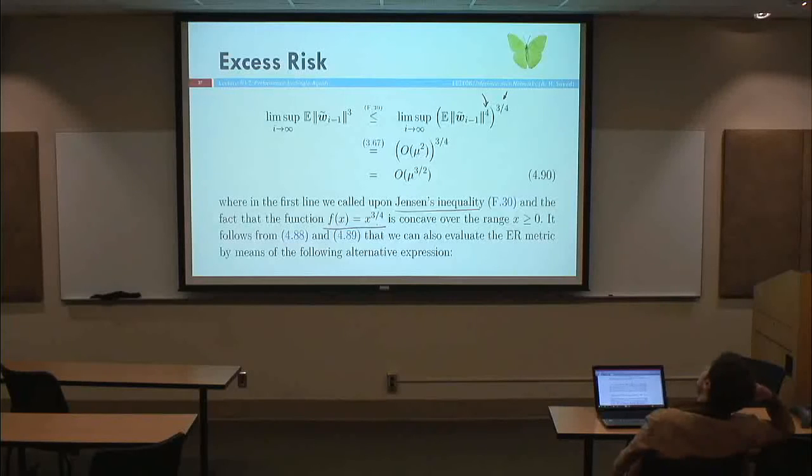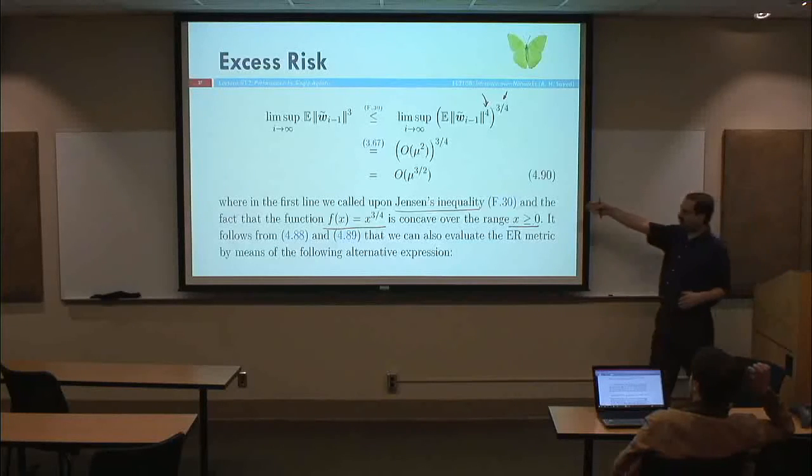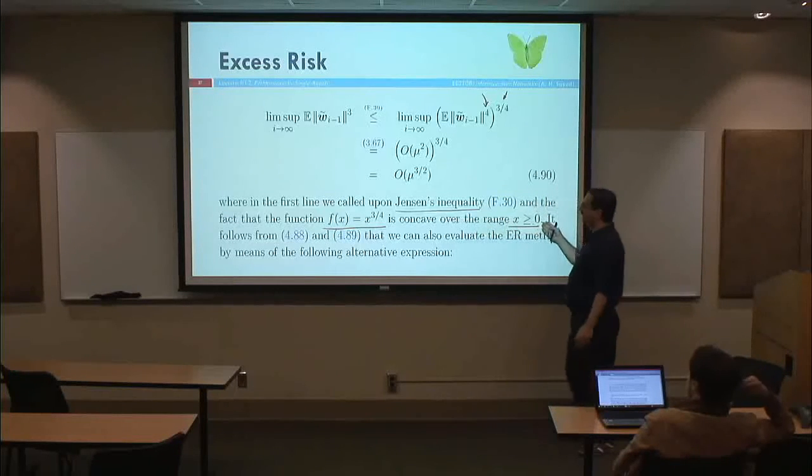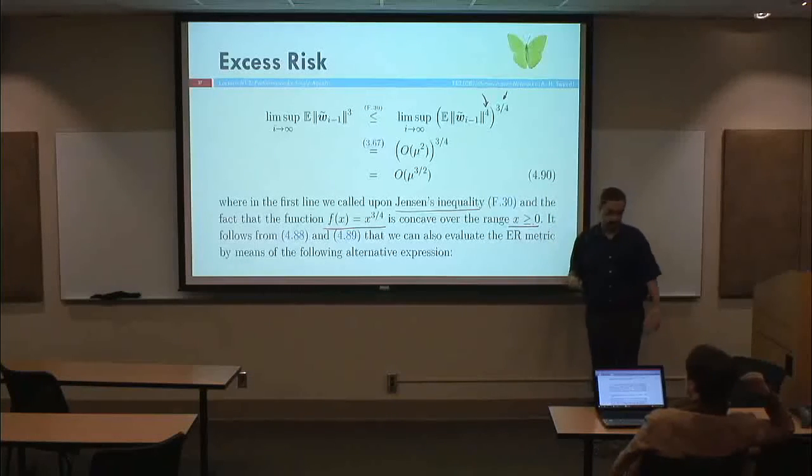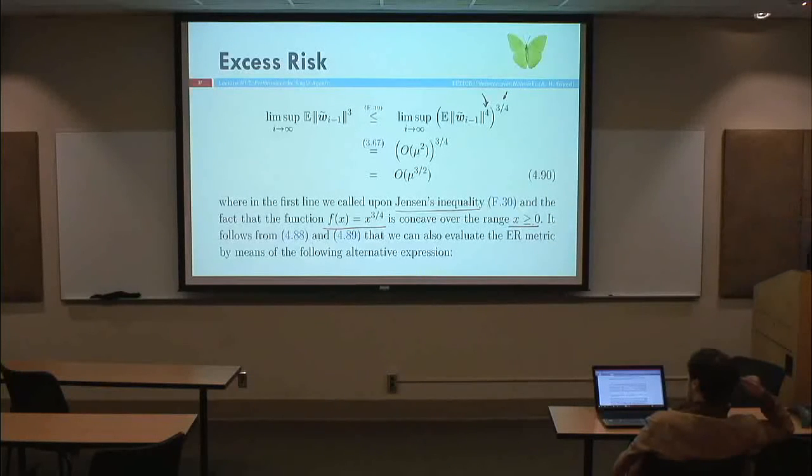This function is concave over this range. If you plot this function over non-negative values of x, it will be a concave function. Because this function is concave, if you go back to Jensen's inequality, what does it say? It says that f at the expected value of some variable a is larger than or equal to the expected value of f at a.